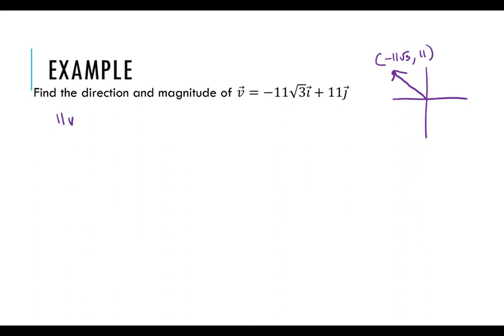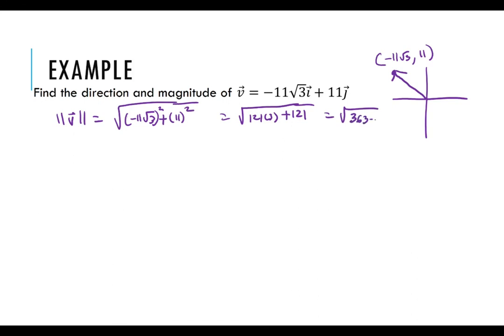So the magnitude of the vector v is the square root of the components squared summed, which is negative 11 root 3 quantity squared plus 11 squared. That is the square root of 121 times 3 plus 121, which is the square root of 363 plus 121, which is then the square root of 484. And so the square root of this is 22. So now I've found my magnitude.